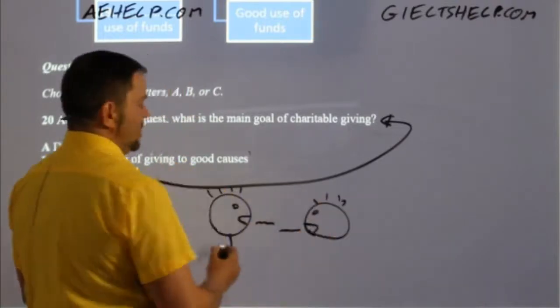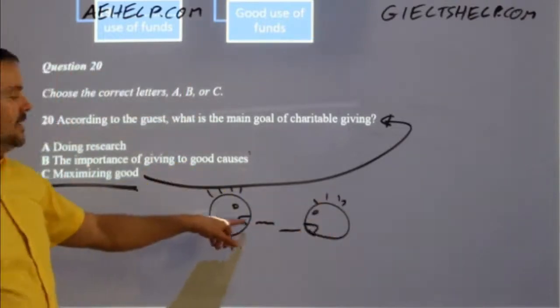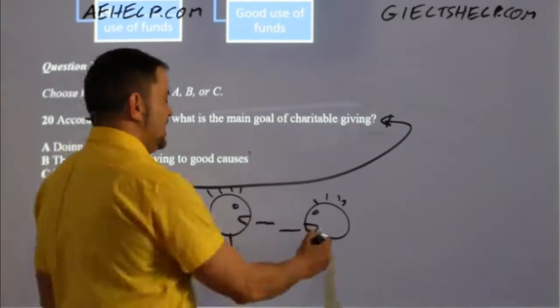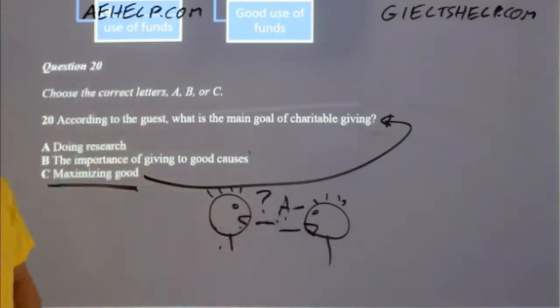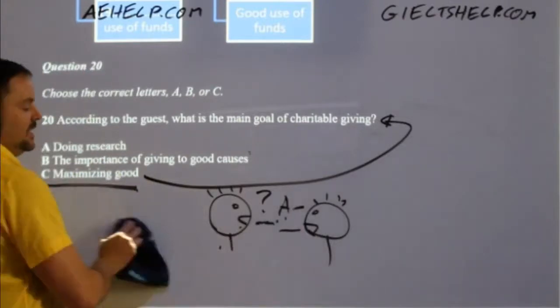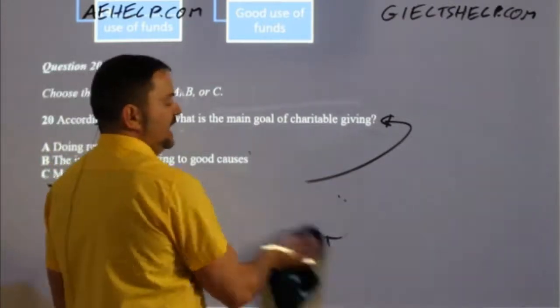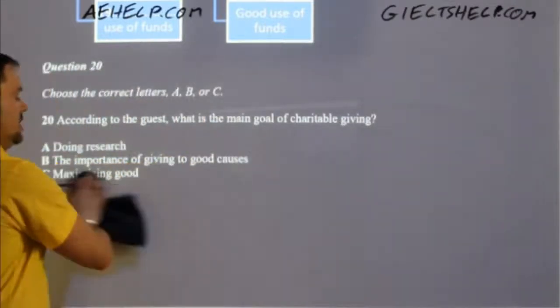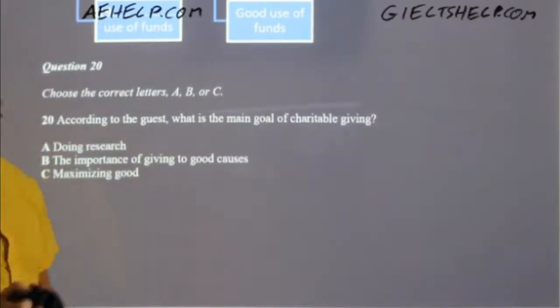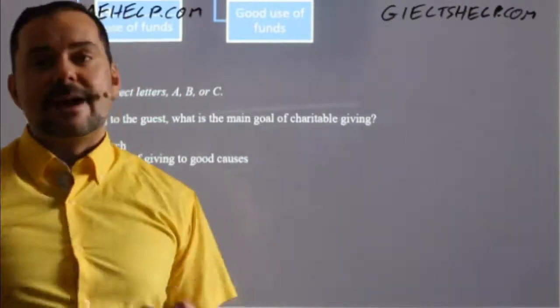Okay, so I ask, what is the main goal of charitable giving? And then I answer. It is to maximize good in society. Okay, so self-dialogue can sometimes help you figure out the correct answers in these somewhat confusing questions. Okay, so try that, practice that.